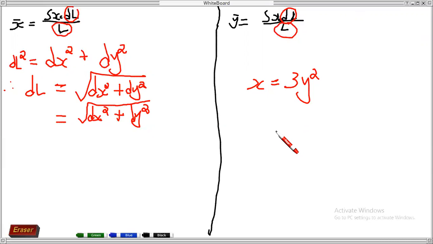So for us to do that, we now need to differentiate.